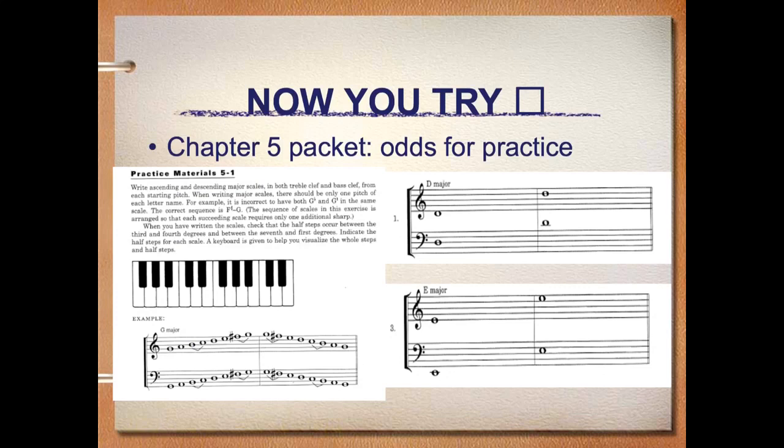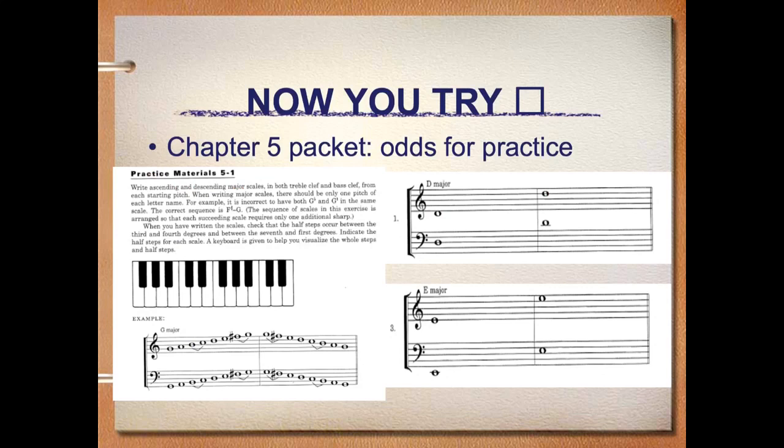Now, when you are building a scale, the first step always is to build a diatonic scale. Diatonic scale meaning through the tones. So we have here D to D. This is number 1 on Practice Materials 5.1 in your packets, which should be right after the intro lesson with the video.